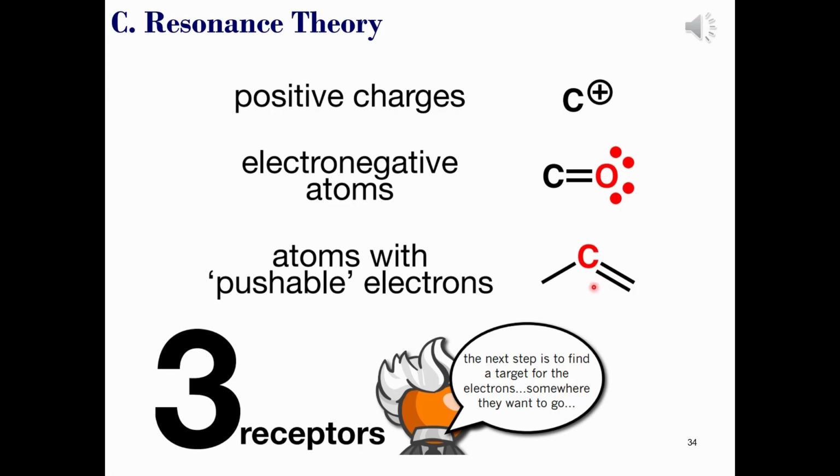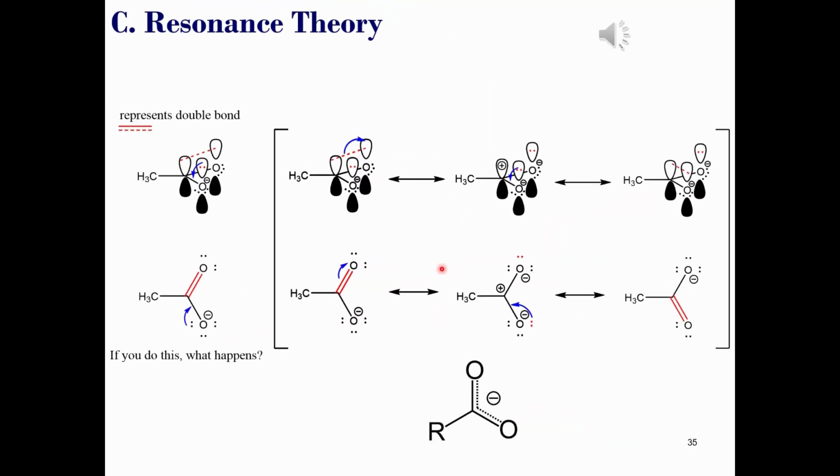This is going to require a bit of practice. Let's apply this to our Ethanoate anion and to a couple of other examples. I've seemingly drawn two sets of resonance structures, and they might look very different, but they actually represent the same thing. The top set are a 3D representation and include the p orbitals, because the p orbitals are where the electrons will be moving from and where they will be moving to.